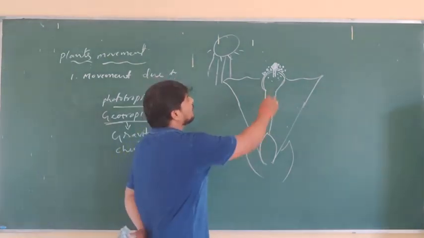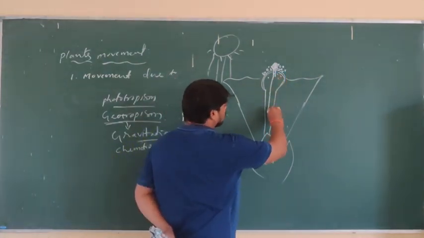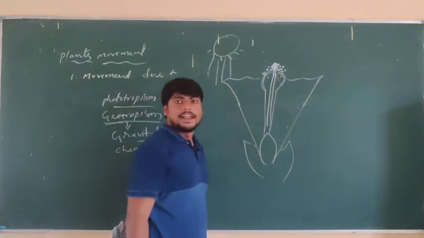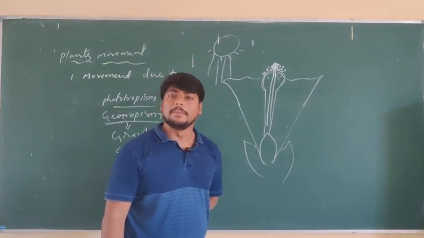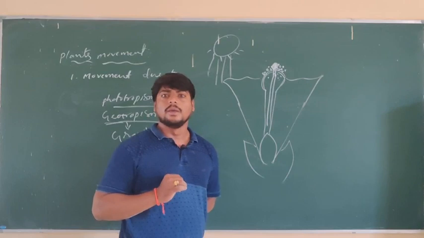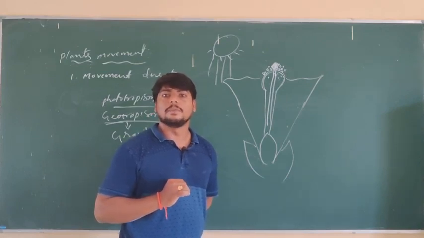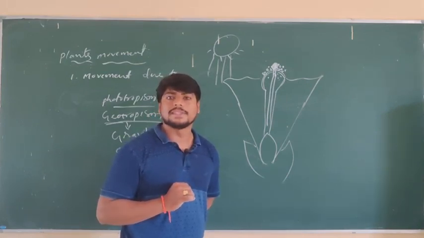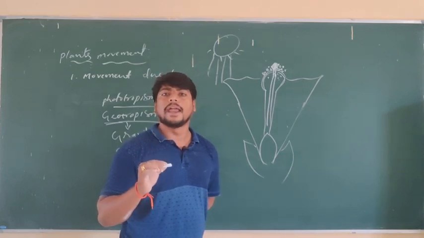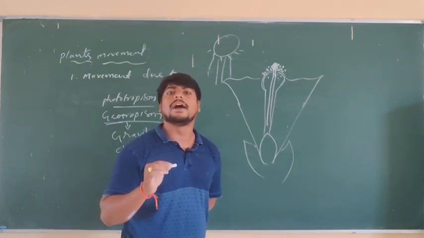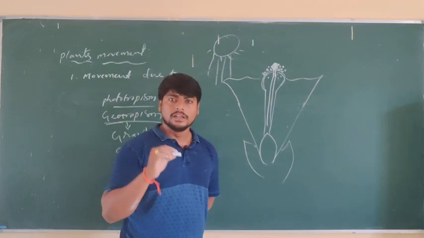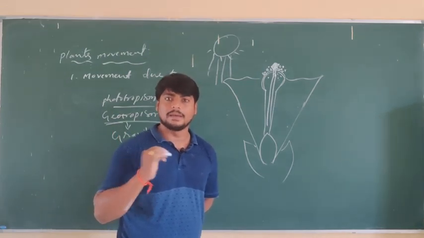So what is happening here? The pollen tube starts growing towards the ovary, and it carries the male gametes. That is what we call chemotropism. What is chemotropism? The movement of the plant towards a chemical is chemotropism.